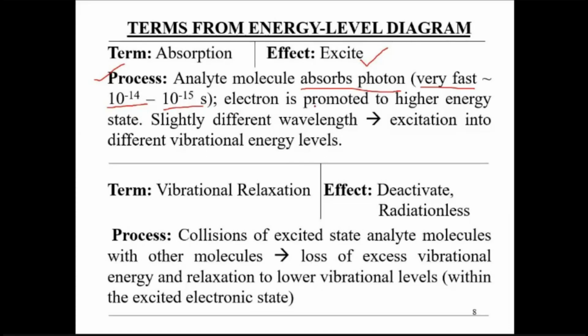As a result, an electron is promoted to a higher energy state, and slightly different wavelength excitation into different vibrational energy levels will occur, because if you change the wavelength, the energy associated with it will change. If the energy associated with the photon changes, the vibrational energy level will change.